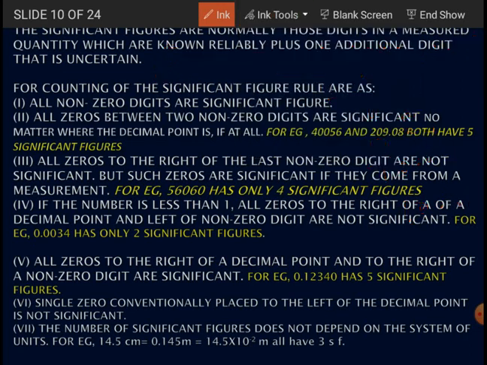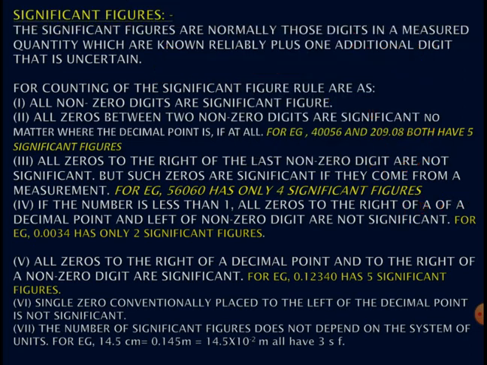So what are these significant figures? Significant figures are those digits which are very much certain, plus one more digit which is uncertain. The combination of the certain digits and one uncertain digit, collectively we call significant figures.